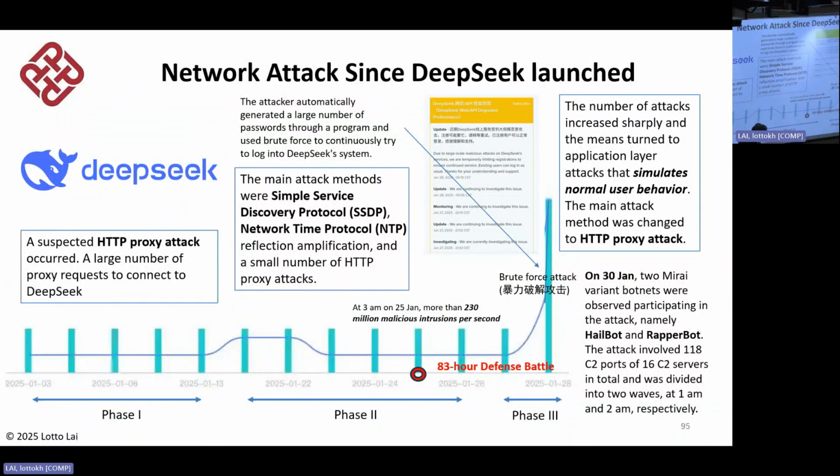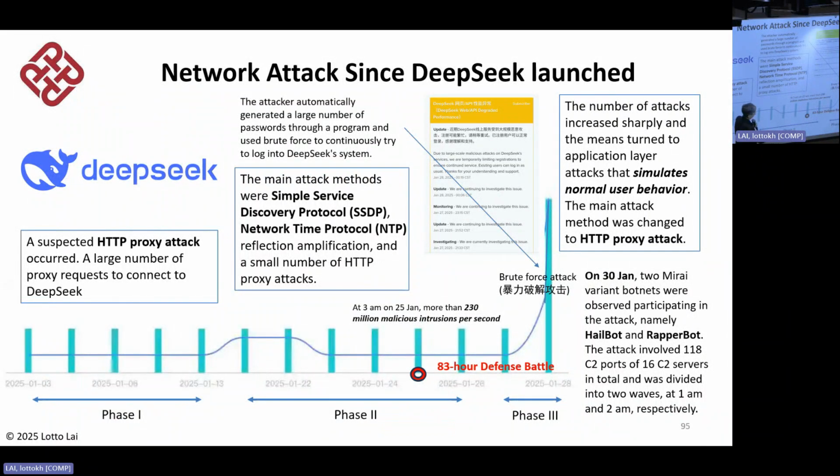And until 28 January, the attack automatically generated a large number of passwords through a program, using brute force to continue trying to log in to the DeepSeek system.